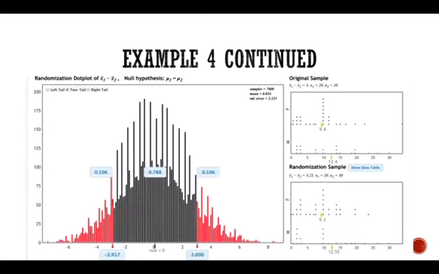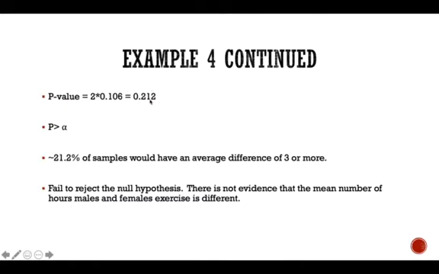What are we saying here if we go back? I'm saying the probability that if the null hypothesis is true, that my sample values would have fallen in the tails, was over 21%. So that's not an unlikely result.